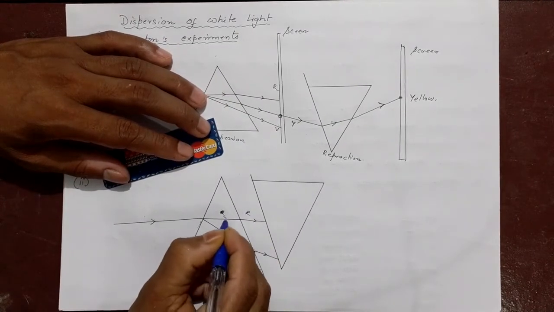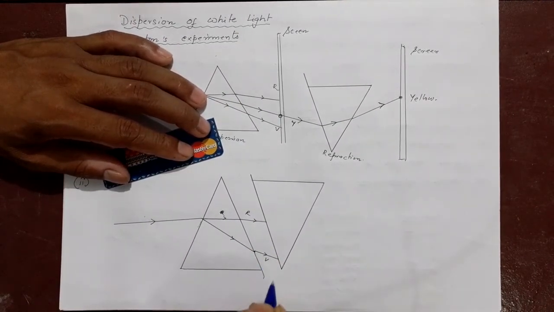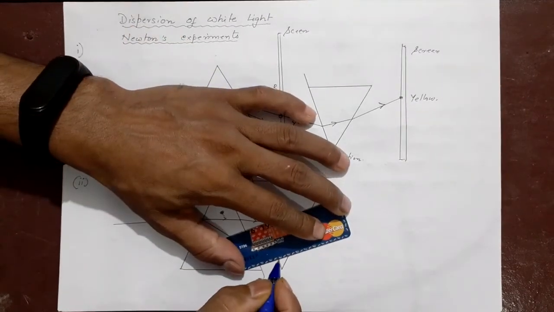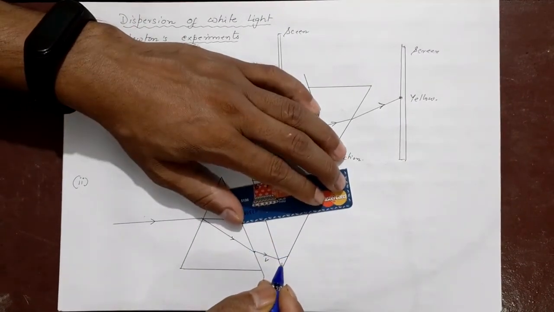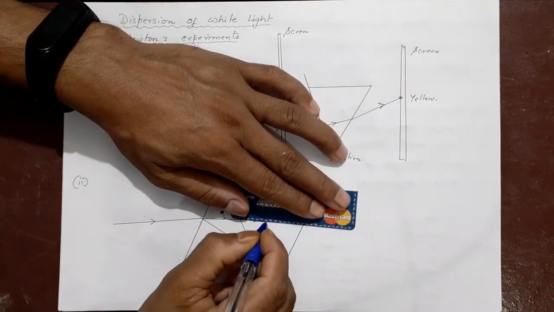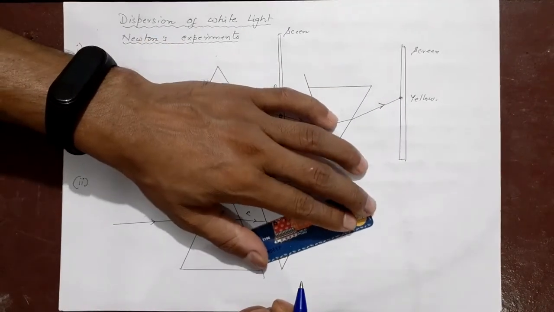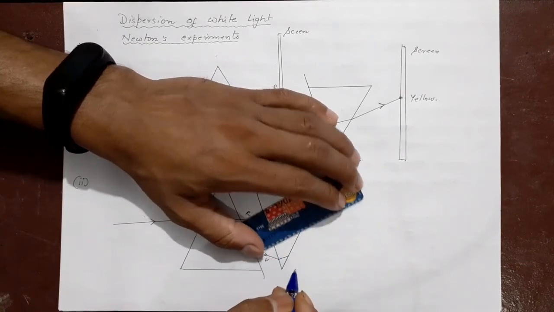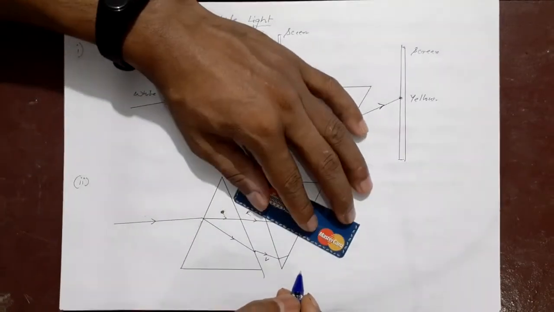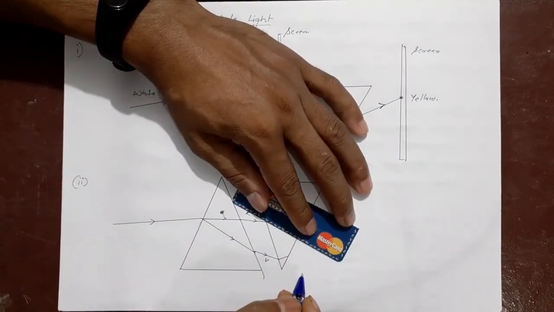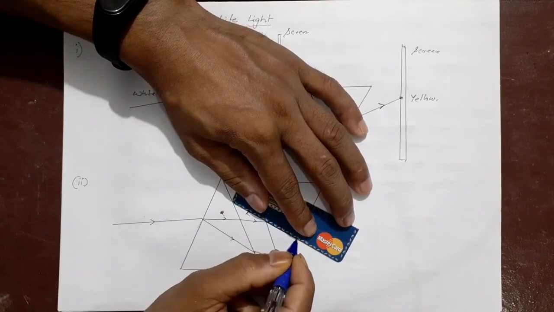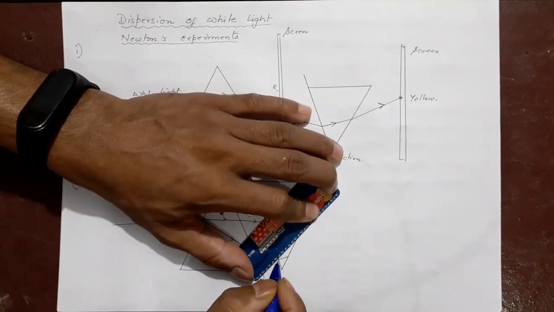Okay, this was red, this was violet, and as they enter here, what happened, they again combine themselves into one color. Sure, I made some mistake, I'll correct it, no problem.